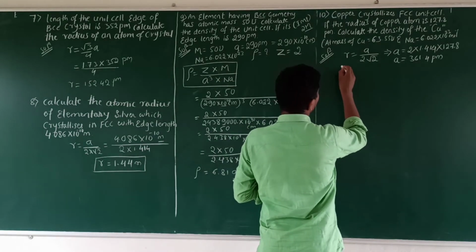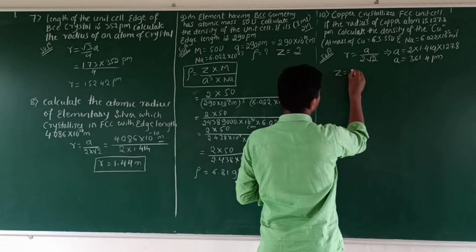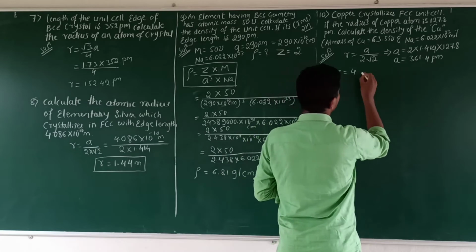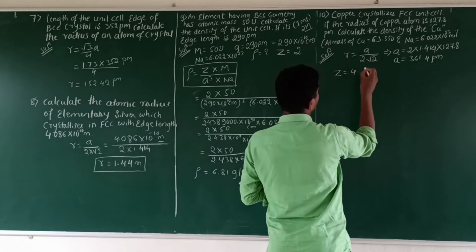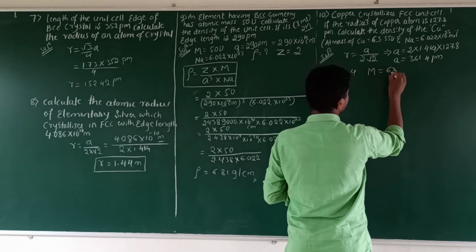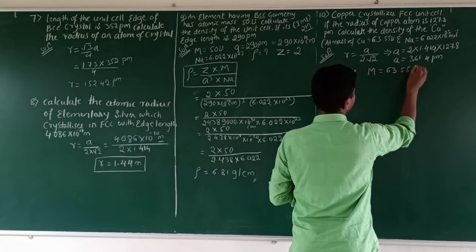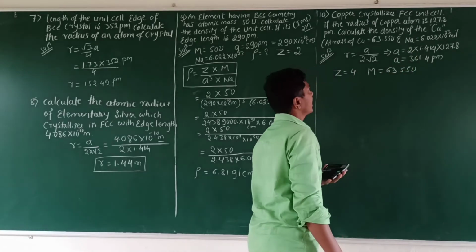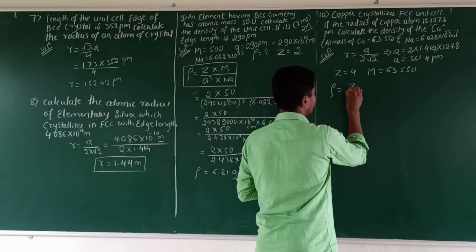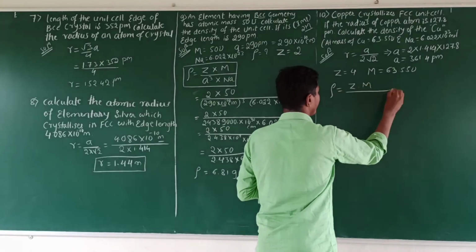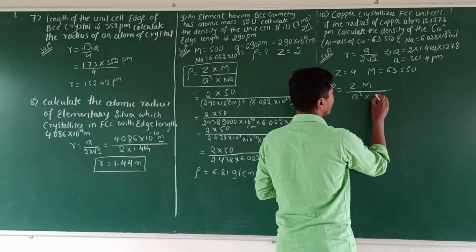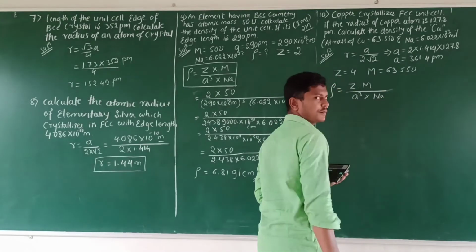Then FCC means number of atoms in FCC is equal to 4. Then they are already given the mass of the copper, 63.55. They are already given the Avogadro number, isn't it? Then using the formula of density is equal to Z into M divided by A cube into Na, isn't it?